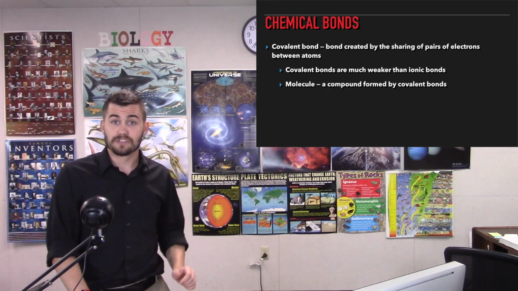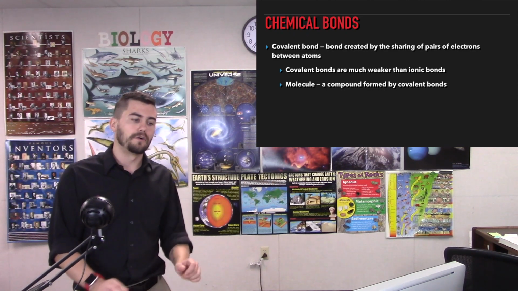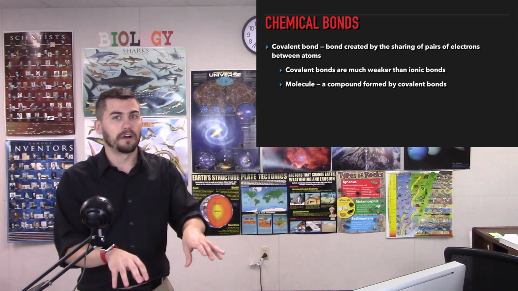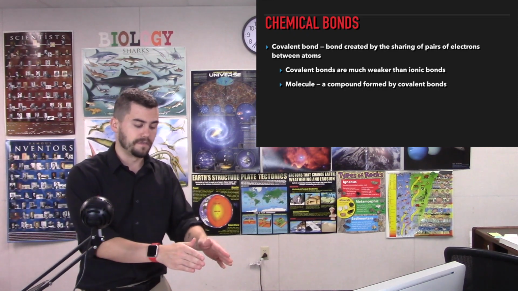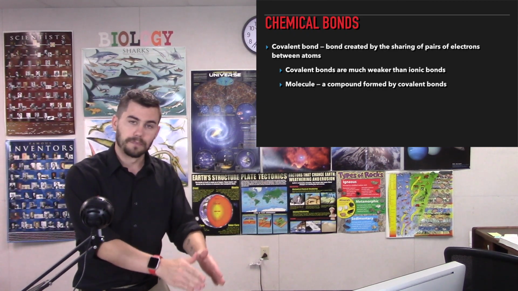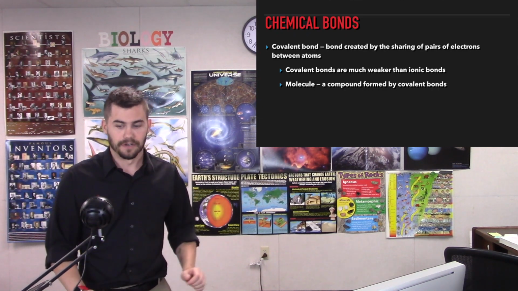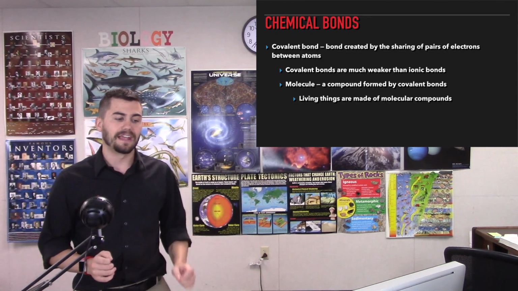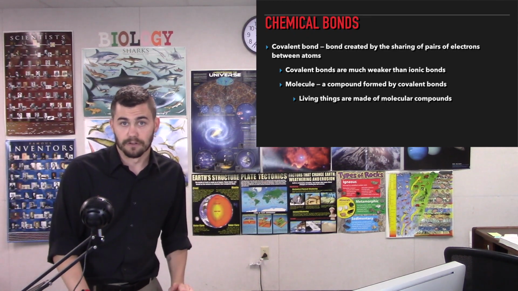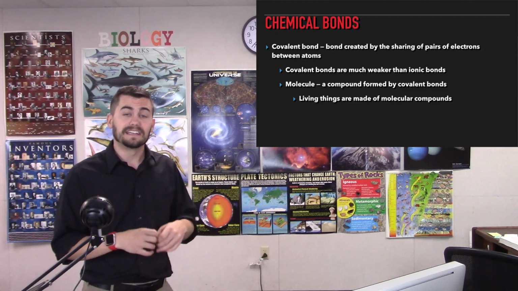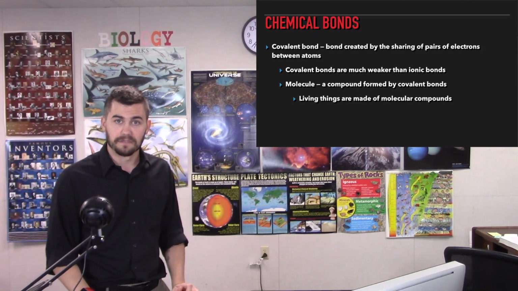We have a special term, molecule. Compounds that are formed by covalent bonds, those are molecules. So the things we looked at earlier, proteins, carbohydrates, lipids, those are molecular compounds. Living things are made of molecular compounds because the bonds are weaker, it takes much less energy to break those bonds apart.